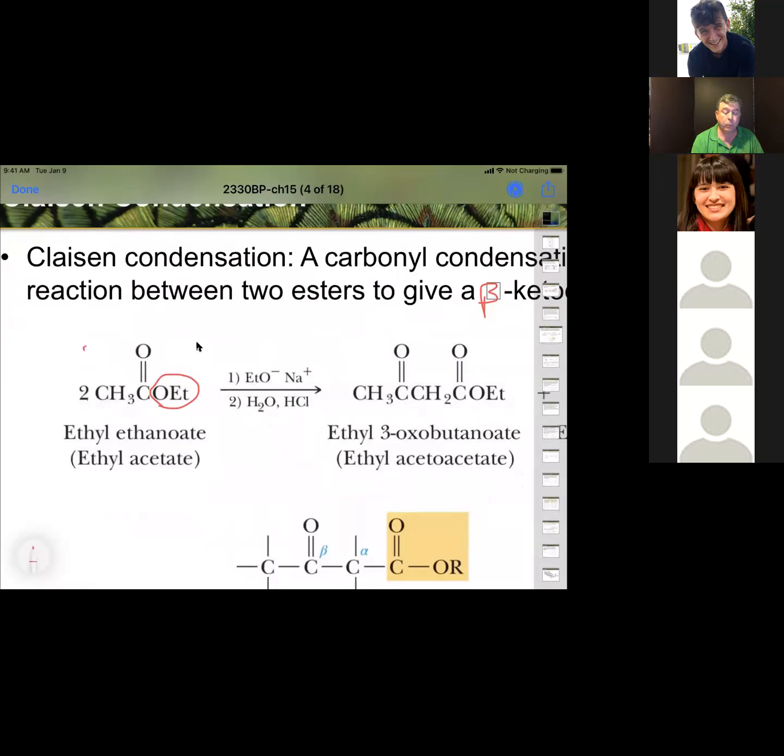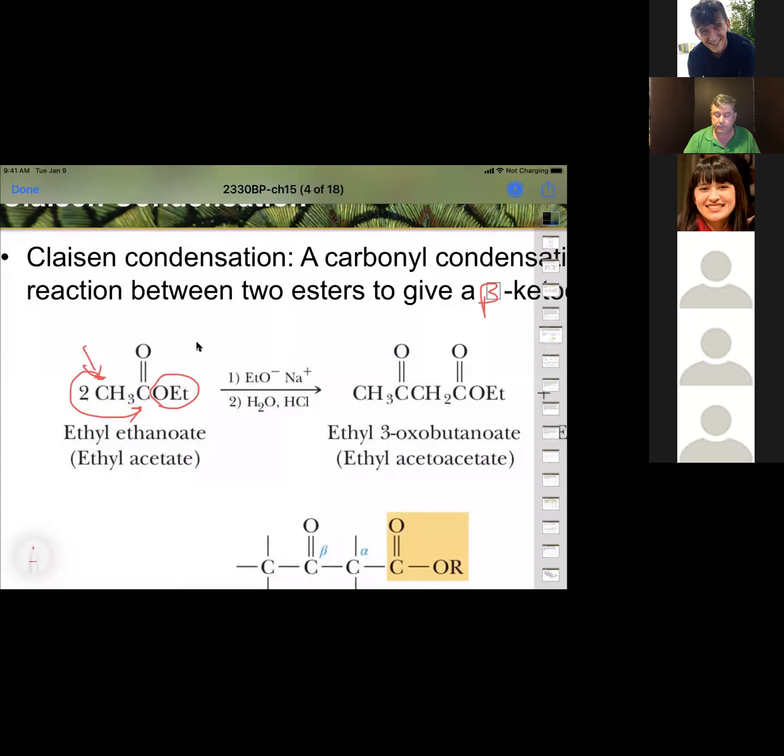So we have one place to take off those alpha hydrogens. It's on the other side. So we're going to take off the hydrogens on here, and it's going to attack another equivalent of a different ester.